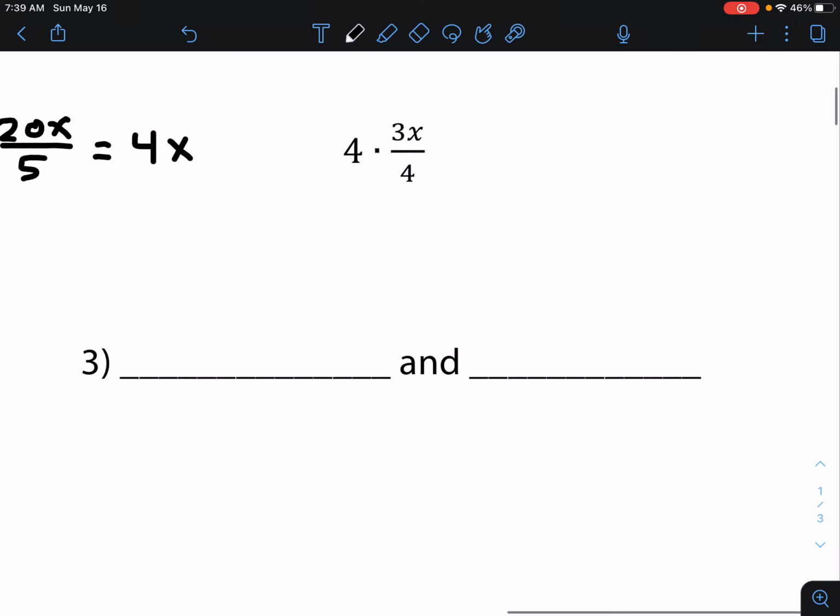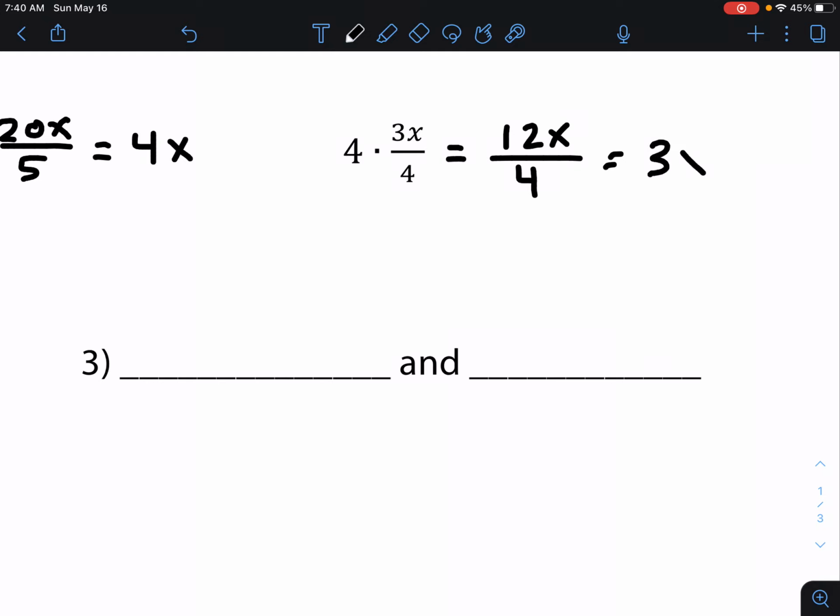All right, and the last one, I should have chosen something different. Although this is all right. Actually, this is good because this is something that's going to happen quite a bit. So we do the same thing, 4 times 3x, so that's 12x. I got to rewrite that. That's bugging me. It's all over 4. And then 12 divided by 4 is 3.